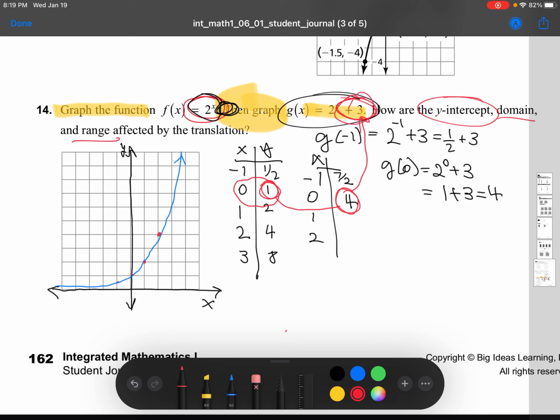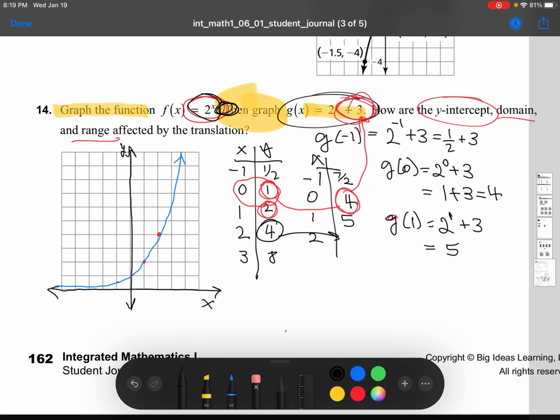So I'm going to do it. G of 1 is 2 raised to the power of 1 plus 3. This is a 5. And you knew it, because if this were 2, then you just do 3 more, and that's a 5. Then it's just 3 more right here, which is a 7. And if you get a 3, then this is going to be an 11. Are you getting this?